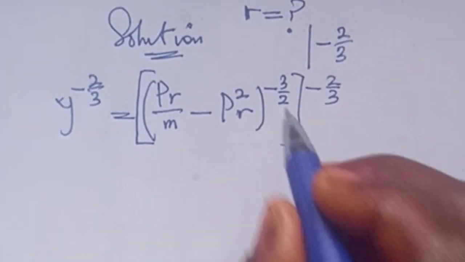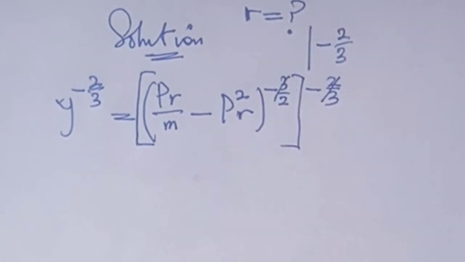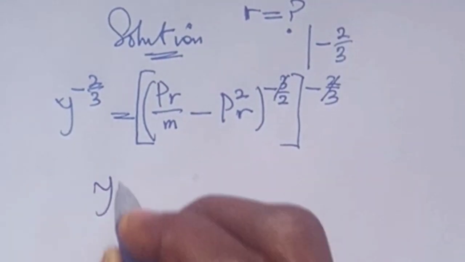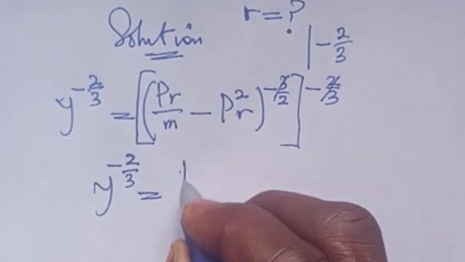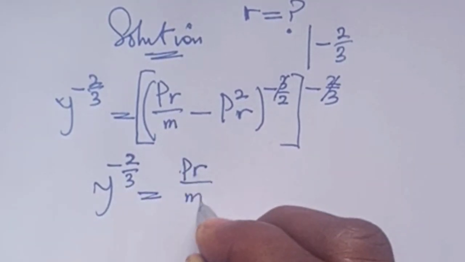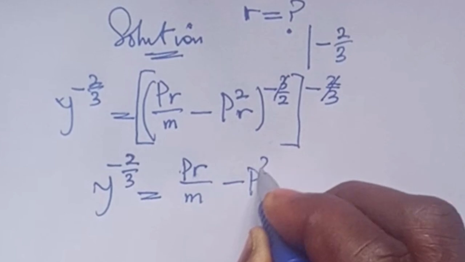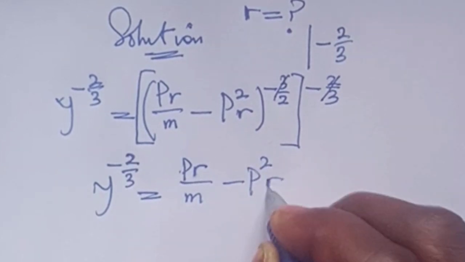If we simplify this very well, this power will cancel out. What will be left is y to the power of minus 2 over 3 equals p r over m minus p to the power of 2 times r.